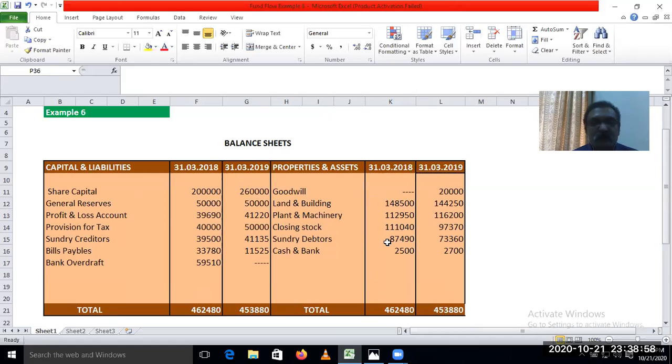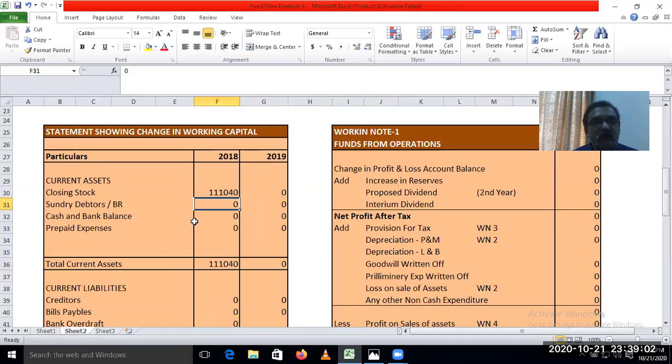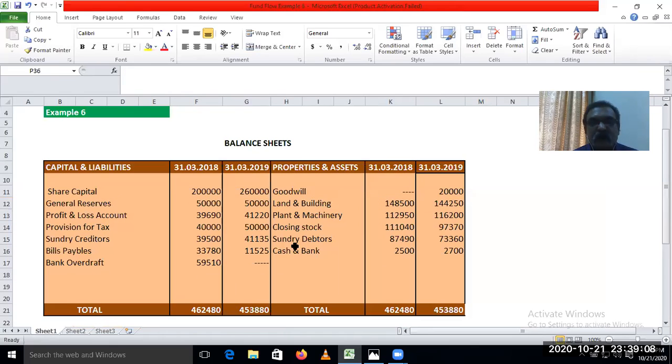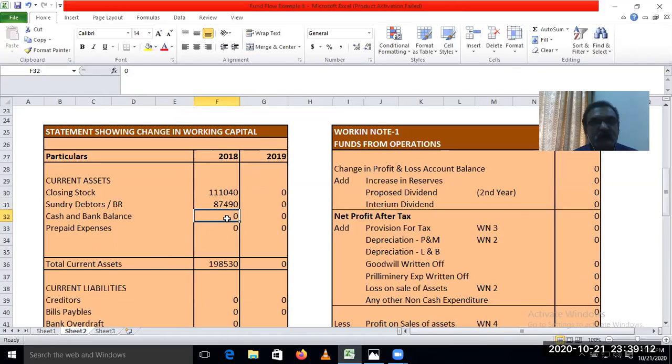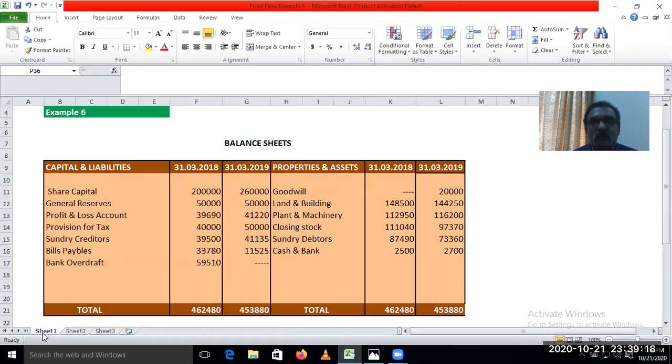Debtors are 87,490. Cash and bank is rupees 2,500. Nothing is there on account of prepaid expenses, so it will be 0.